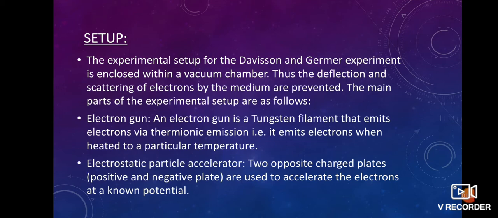First, electron gun. An electron gun is a tungsten filament that emits electrons via thermionic emission, that is, it emits electrons when heated to a particular temperature. Second, electrostatic particle accelerator. Two oppositely charged plates, that is, a positive and a negative plate, are used to accelerate the electrons at a known potential.